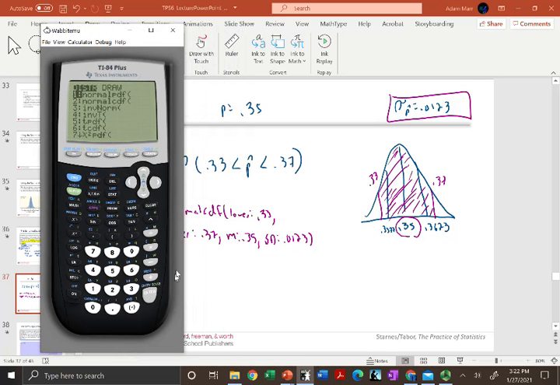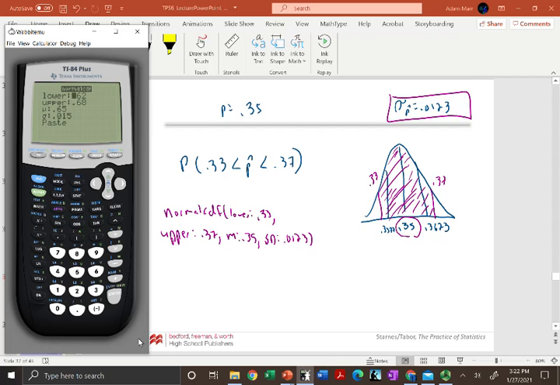And we're going to go to normal CDF. So we have right here, lower is 0.33. Upper is 0.37. Mean is 0.35. And standard deviation is 0.0123. There we go.